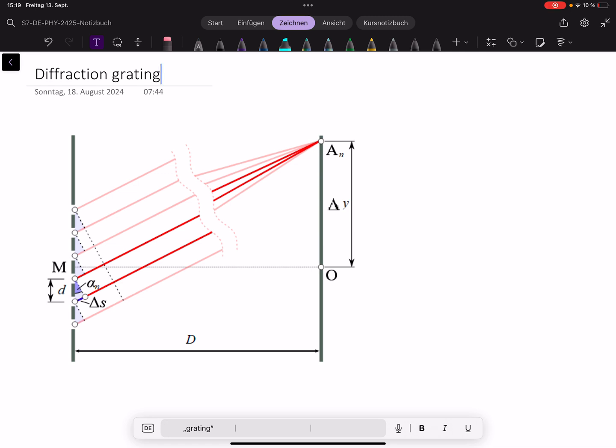The difference is not as big, but this is just another way of repeating that and extending what we've already learned. Just a quick remark: the phenomena can be explained by using Huygens principle.